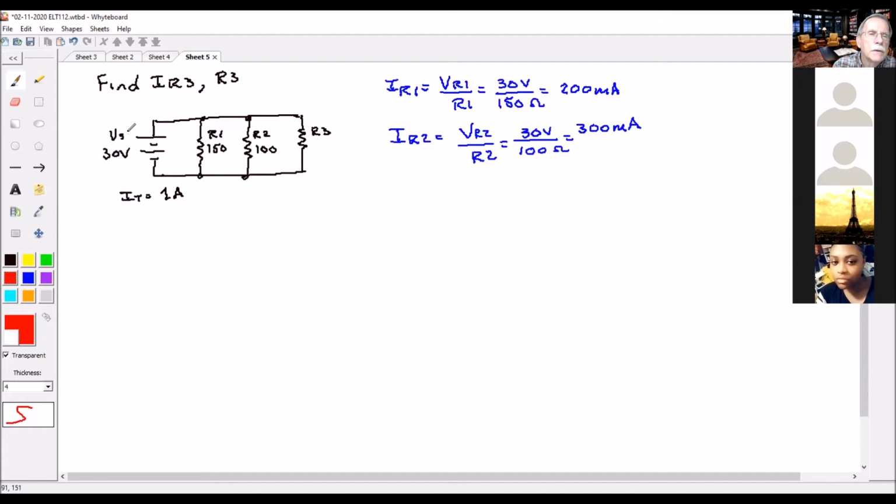Again, IT, so let's draw the node first. Here's my node. Should have made this a little bit bigger. The IT is over there.